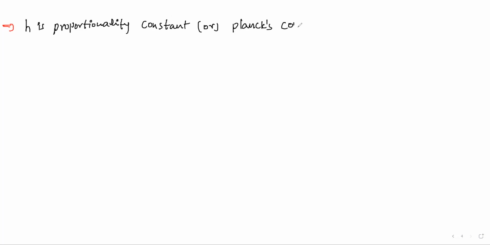That is Planck's constant. So the h value I am writing here.